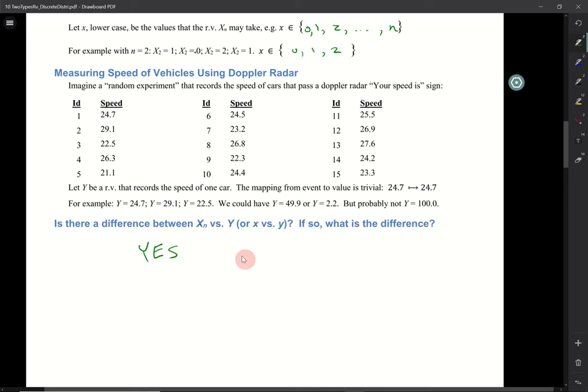So the difference is this idea about the difference between discrete versus continuous. So discrete kind of means there's no in between.